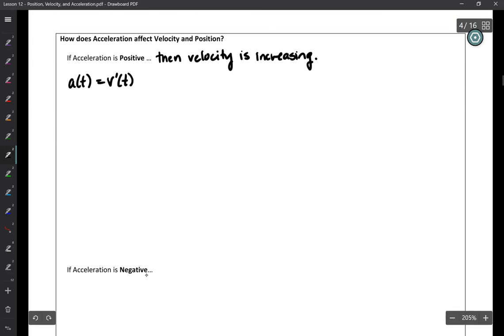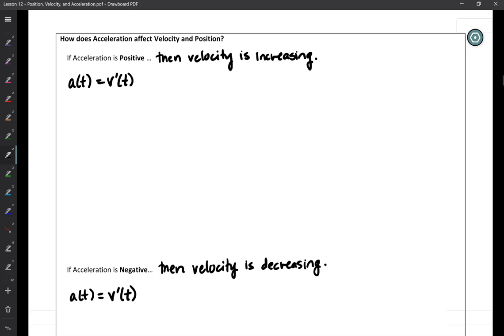If acceleration is negative, then velocity is decreasing. Why is that the case? It's because acceleration is the rate at which velocity changes with respect to time. It is the derivative of velocity.